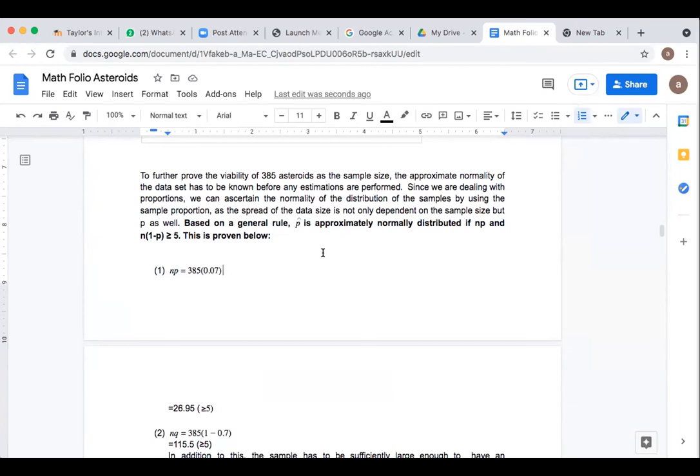If the population is normally distributed, then the sample size can be 30 or more. It doesn't matter, because the sample mean distribution will be normally distributed. I see.